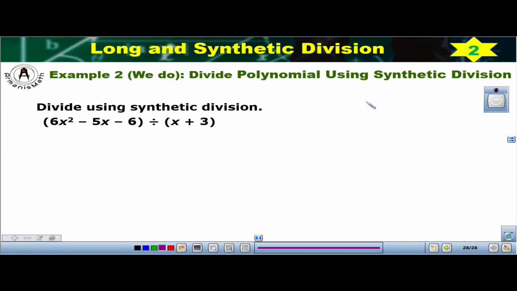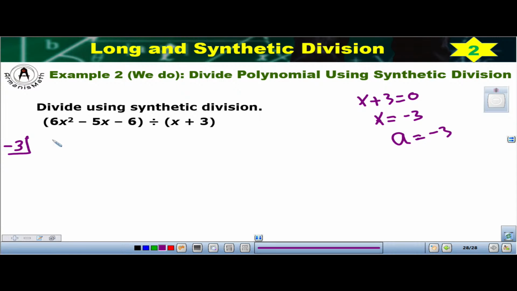I'm going to set the divisor equal to 0. x plus 3 equals 0. x equals negative 3. I'm sorry, this is my a term. Okay, this is the a, so a equals negative 3. That's the one that I'm going to take and put right there.